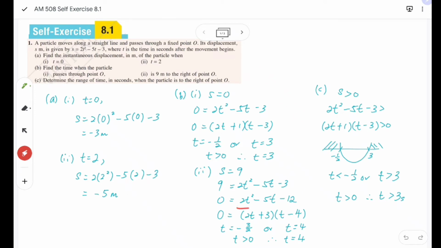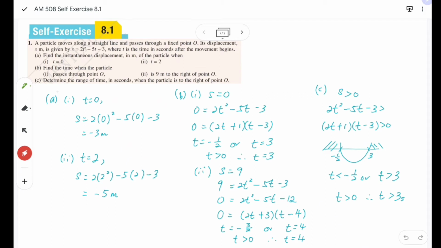And factorize the 2t squared minus 5t minus 12. We get 0 equals 2t plus 3 and t minus 4. There we get t equals negative 3 over 2 or t equals 4. Again, t is time, so it must be positive. Therefore, t equals 4.